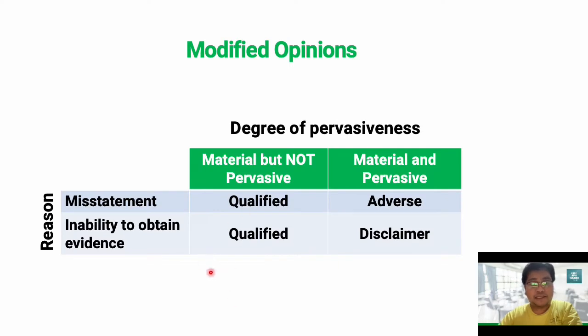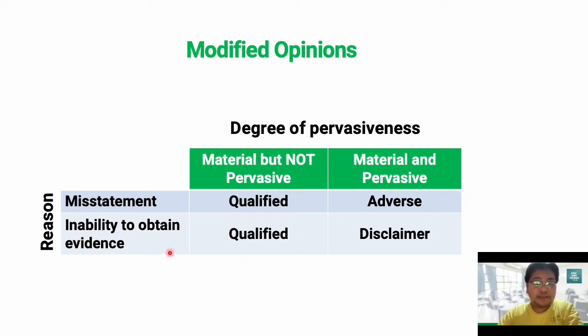To summarize, the reason and the degree of pervasiveness influence the type of modified opinion that we will provide. If the reason is misstatement and the effect is material but not pervasive, we issue a qualified opinion. If the reason is misstatement and the effect is both material and pervasive, then we issue an adverse opinion.